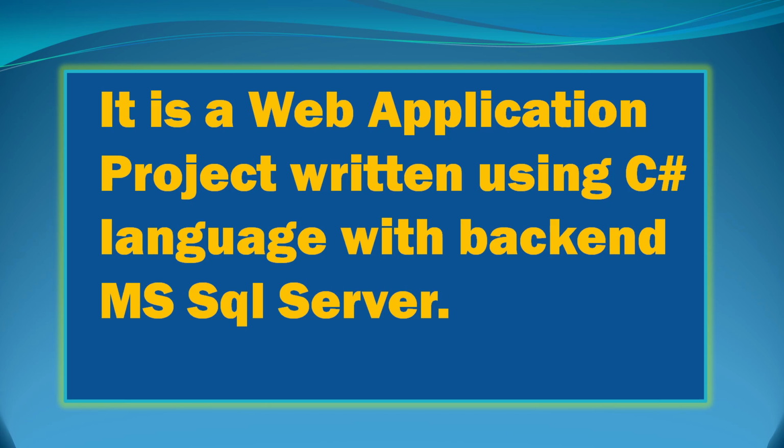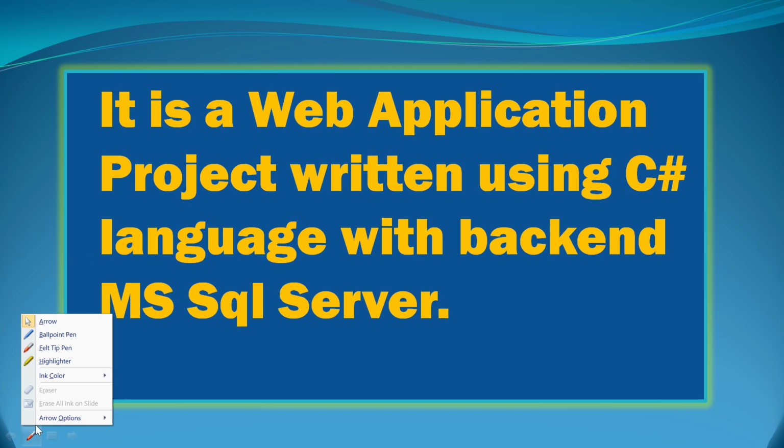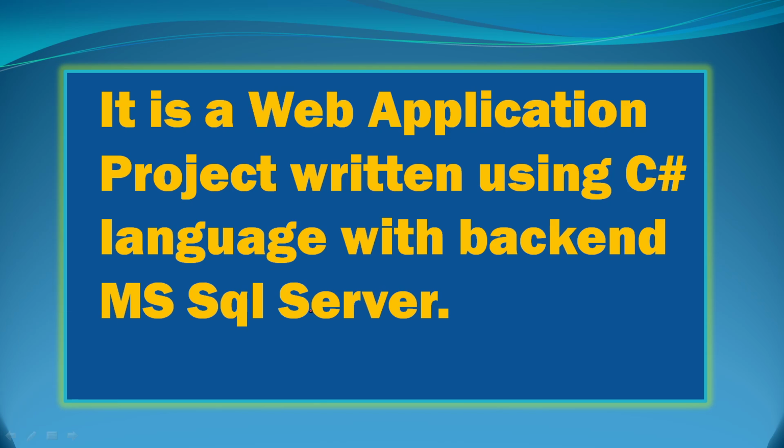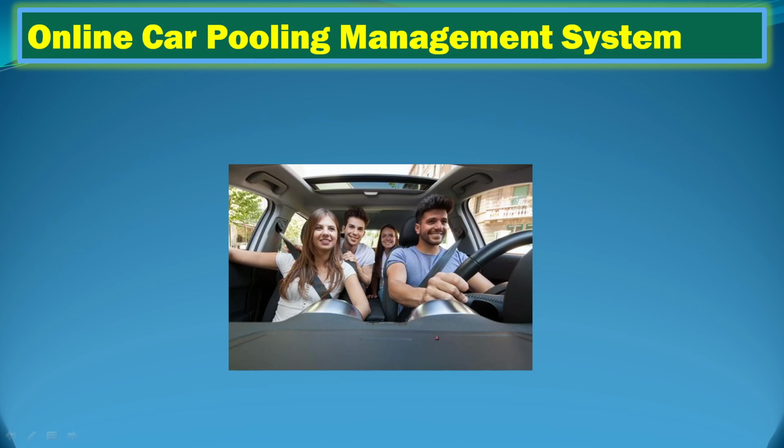So I said it is a web application project written using the C# language, and the backend is Microsoft SQL Server. As far as carpooling is concerned, it is a company that owns this website, and here are the users. A user can register their car with this website.